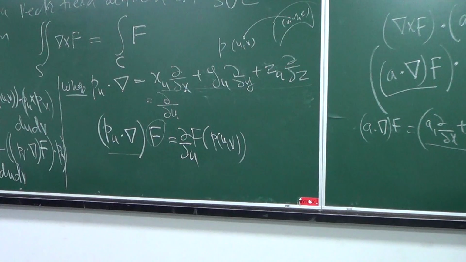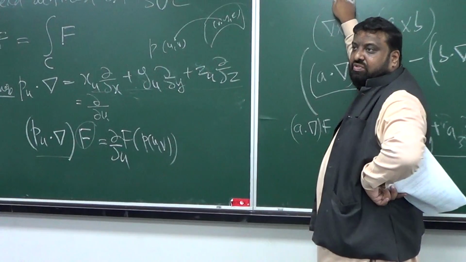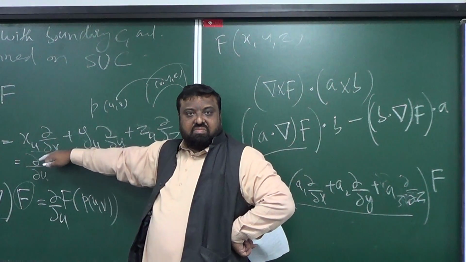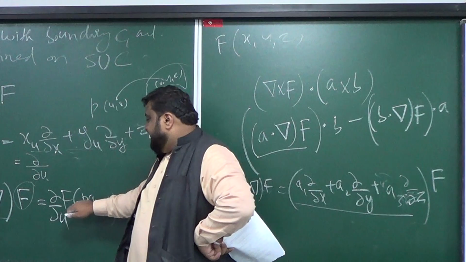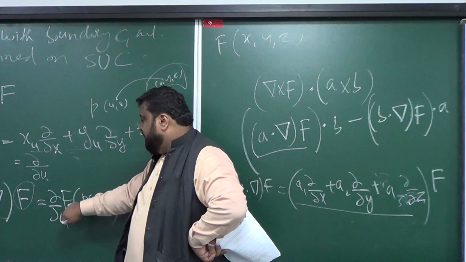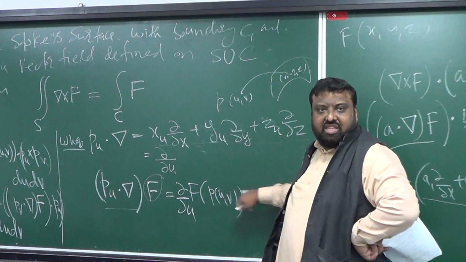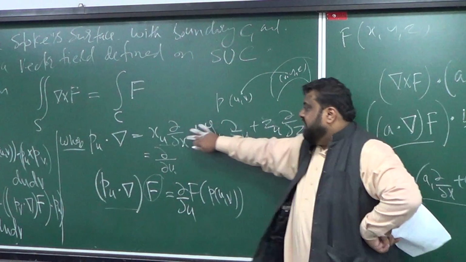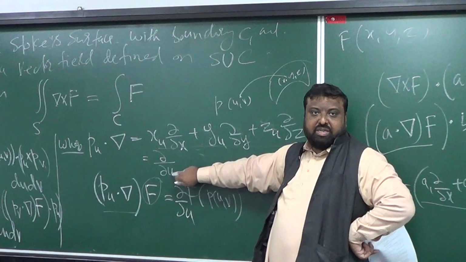Now I'm saying that you have two ways to compute this. If you want to keep f depending on x, y, z, where x, y, z are functions of u and v, then this is the meaning of this operator being operated on f. But if you write f purely in terms of u and v, this is simply the partial by partial u, because this operator can be interpreted as: you have something and you are differentiating it with respect to u.